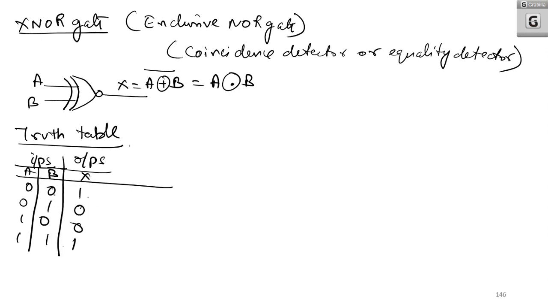Now if I am dealing with the 3-input XNOR gate, how will it be?